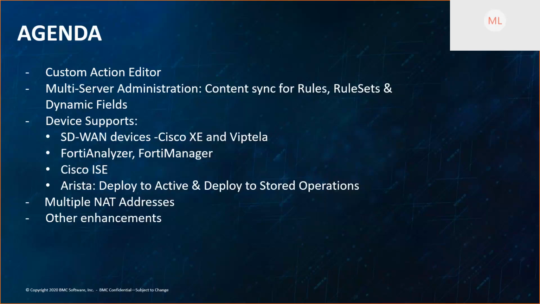This is primarily used when you have more than one TSNA site, and one of them is used as primary while the other is used as secondary. And if the connection to your device is behind a firewall when you are using a NAT address, this is the capability you would be using. And we'll look at some of the other enhancements which were added, like SAML 2.0 support and REST API support.